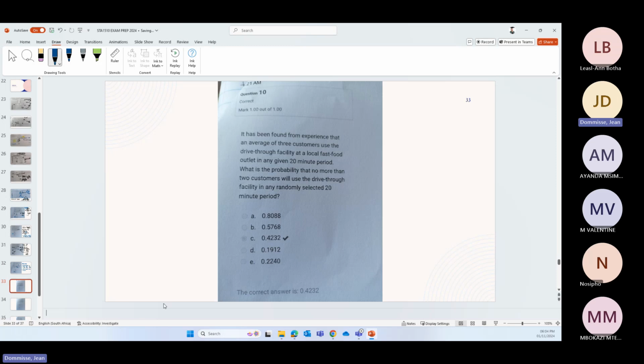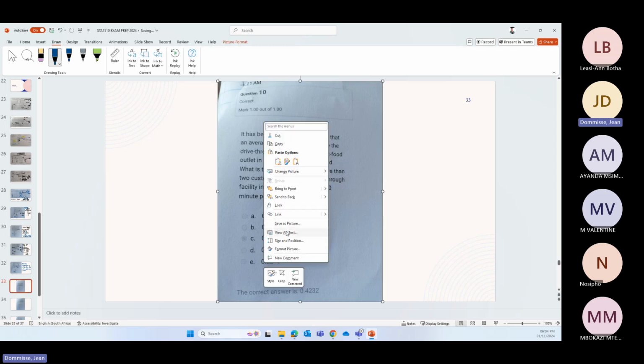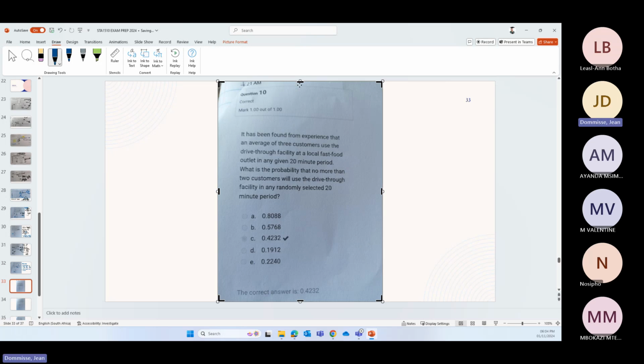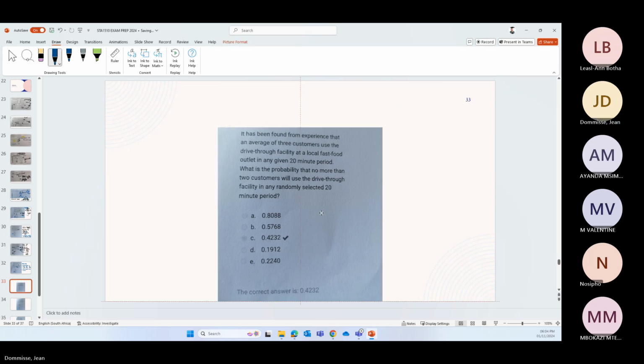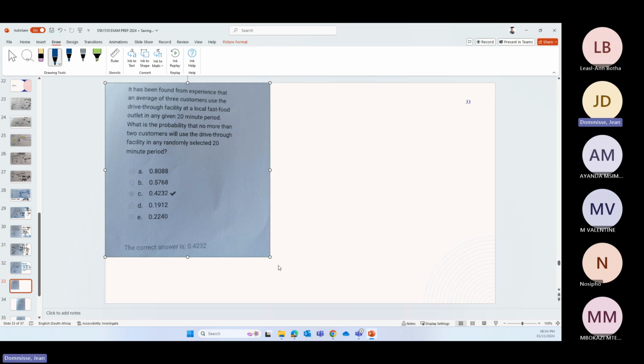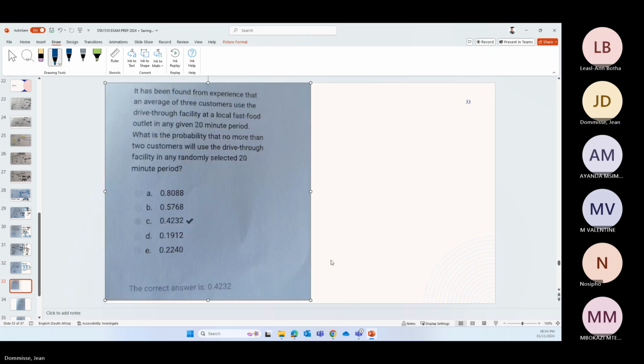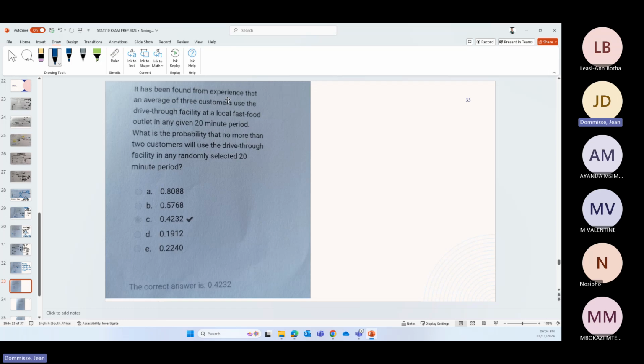Okay, so let's see. This looks like a binomial, or maybe, but let's first read. It has been found from experience that an average of 3 customers use the drive-through facility at a local fast food outlet in any given 20-minute period.